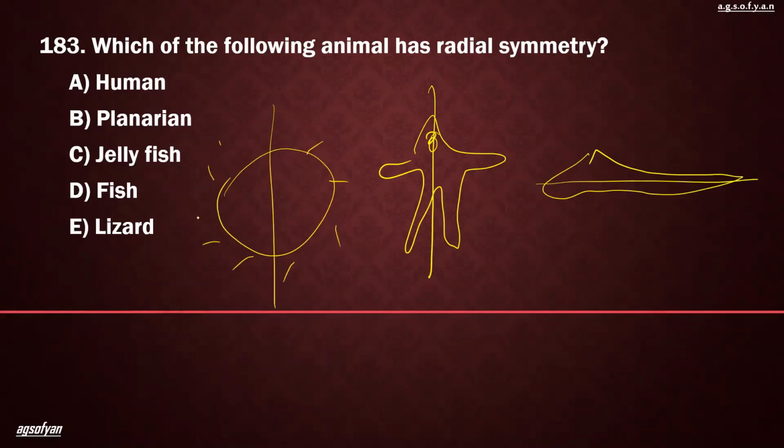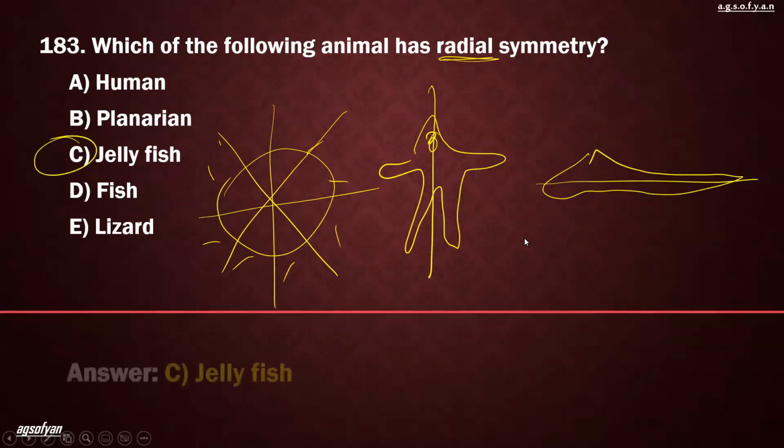Right? You can actually divide it into many lines. Fish, of course, like human, like lizard, bilateral. So which one is radial? Jellyfish. That's the jellyfish. Okay, radial symmetry.